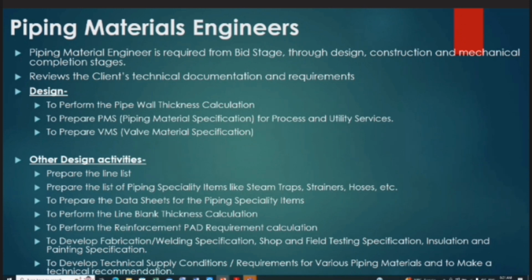These are also included in the piping spec, but they are called special items, and sometimes it is required to prepare the special part index list, which is used by site because for each special part you have to create one data sheet which gives details of that component.